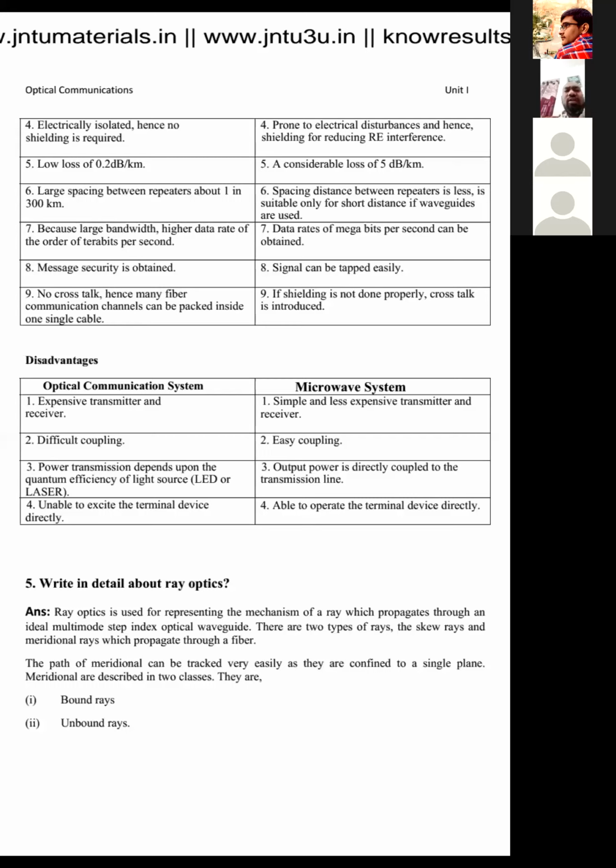For every kilometer, there is 0.2 dB loss in optical fiber. Here, for every 5 dB, there is a loss. Spacing should be large between the repeaters in optical systems, whereas in microwave systems, spacing between the repeaters should be very small.